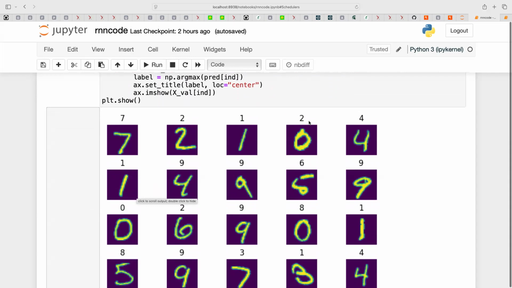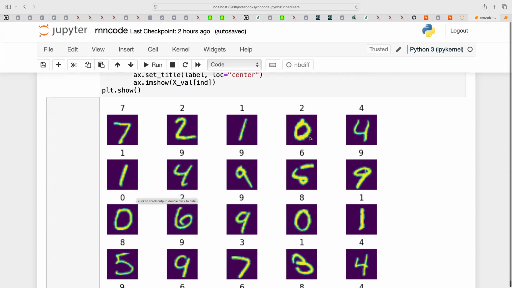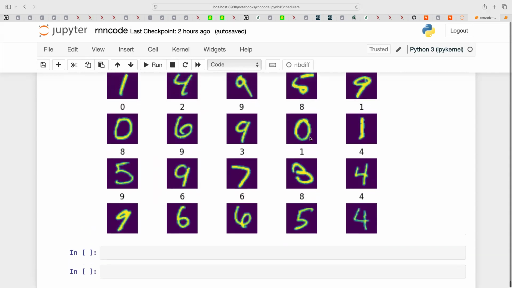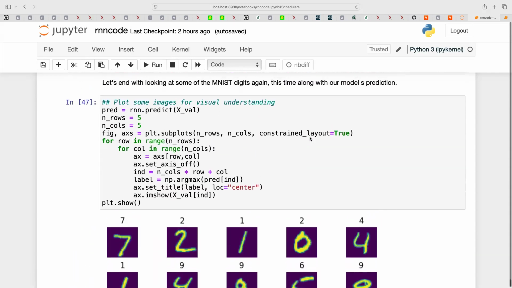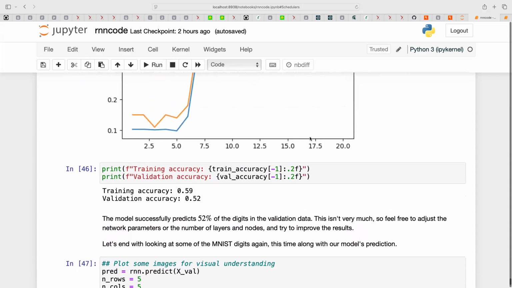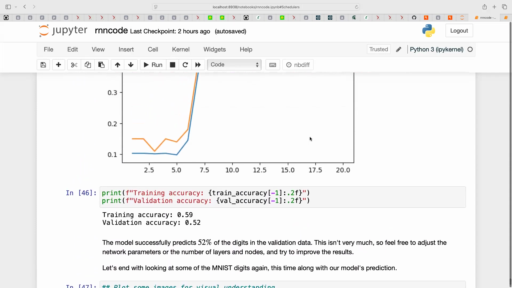Here we should have a 2, but we're getting something which looks like a 6, etc. So the predictions are not optimal, and this is not how you would use recurrent neural networks. If you apply convolutional neural networks to this problem, you would typically end up with an accuracy which is close to 99 to 100%.